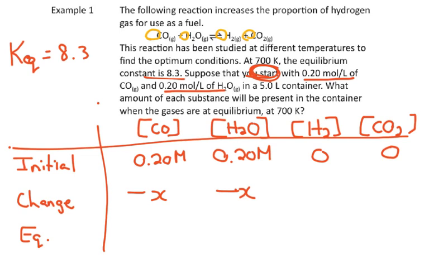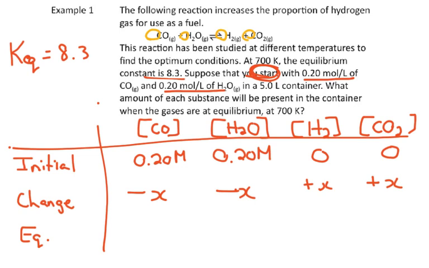Likewise, using molar ratios, we can also find the change in concentrations of H2 and CO2. Since everything is 1-to-1, H2 will increase in concentration by X as well, and so will CO2. To find the equilibrium concentrations, we just do a little bit of math.